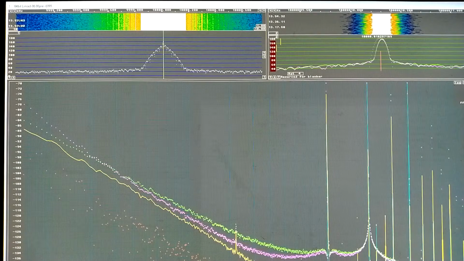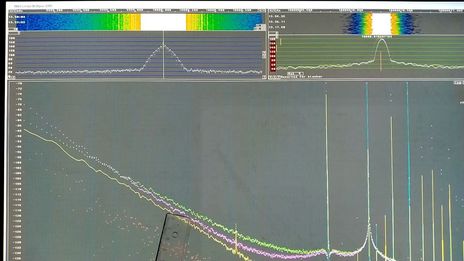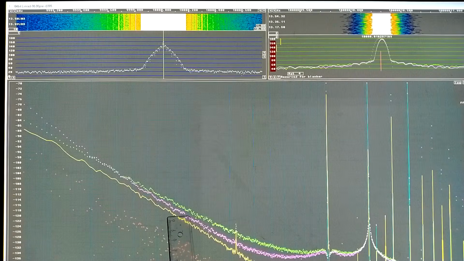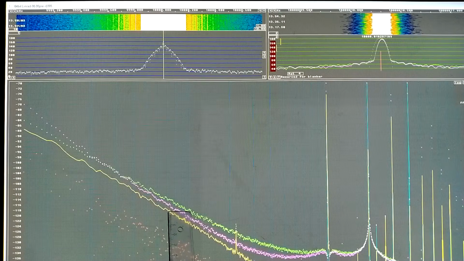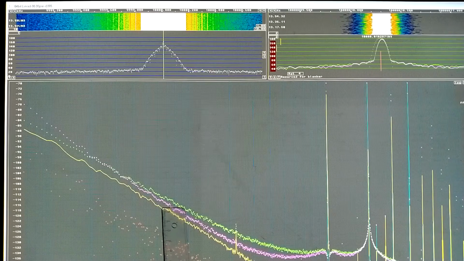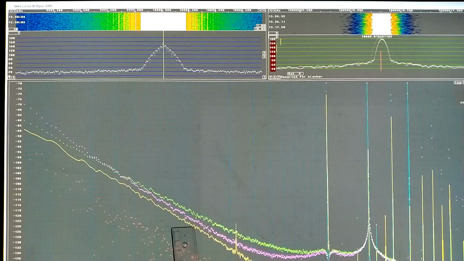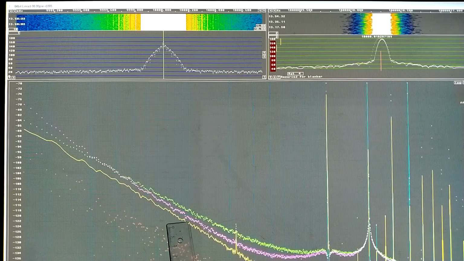And at 1 Hz I know that the Wenzel is at minus 120. And that's here. The green trace is a little bit above that. Looks like 1.5 decibel, if I try to make a smooth line here, above the yellow trace, which is at minus 122 point something.